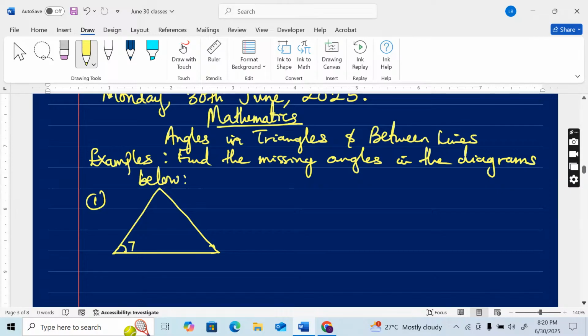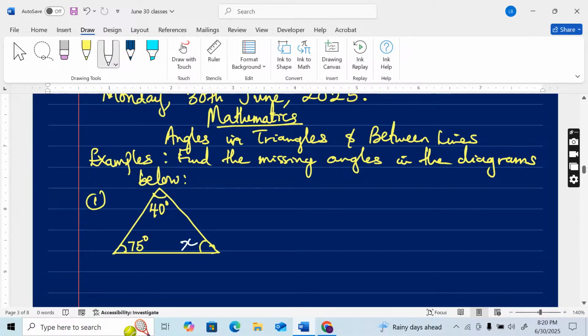We have 75 degrees, and the next angle we have 40 degrees. We need to find angle X. We are supposed to have 3 angles in this triangle, but we have been given only 2 angles. How do we find the third angle?